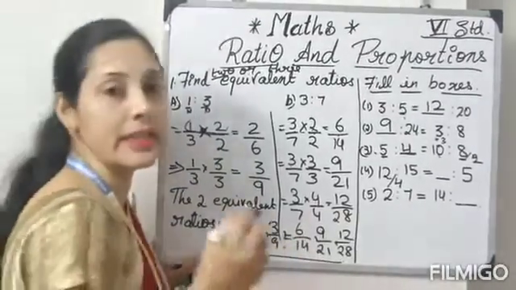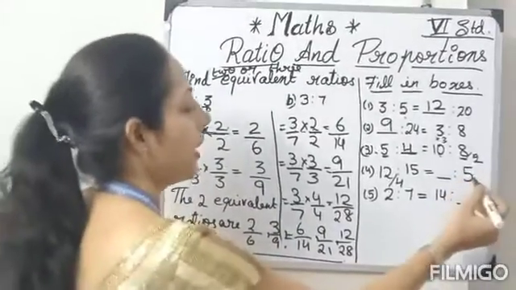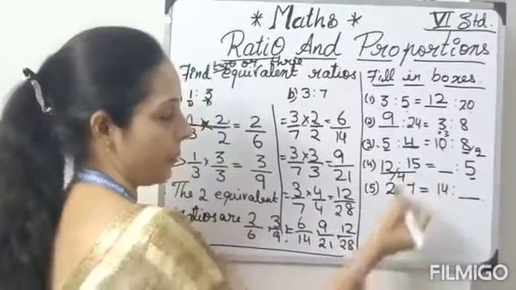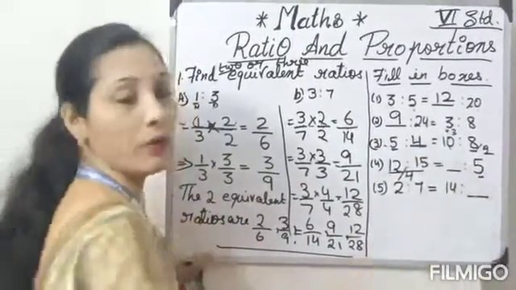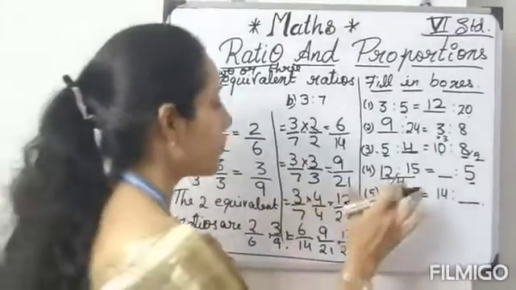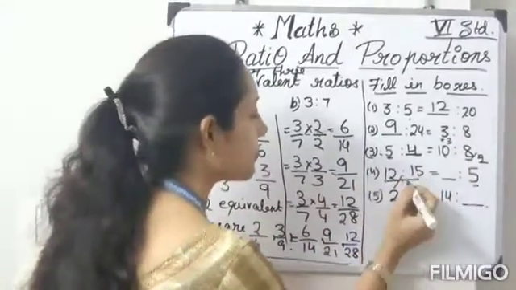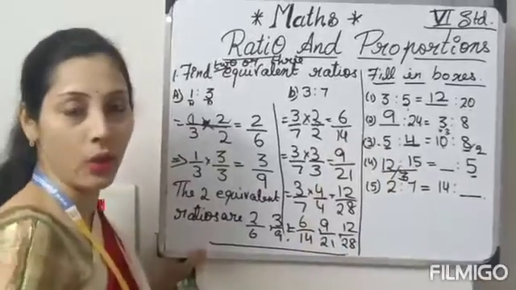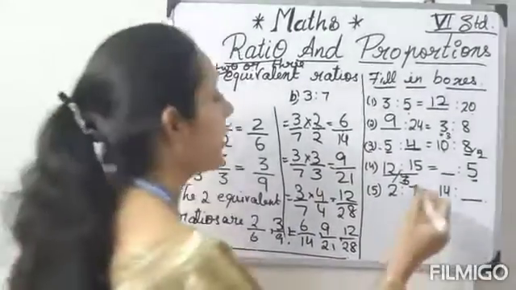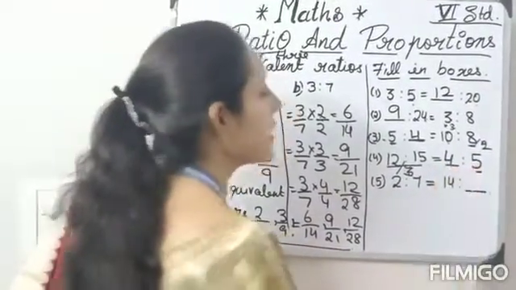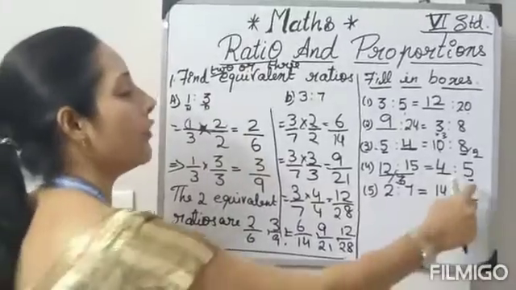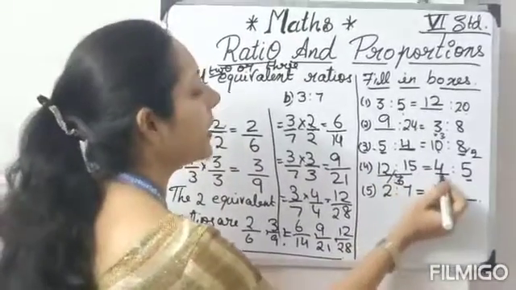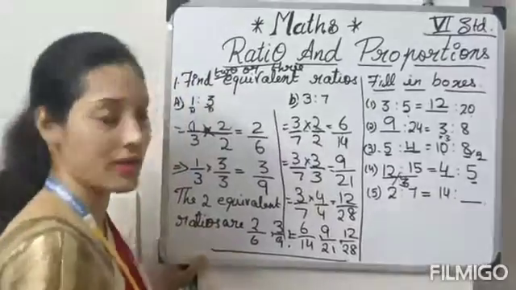In 5 table when 15 goes, 3s are, and 12 divided by 3 is 4. This is our answer.